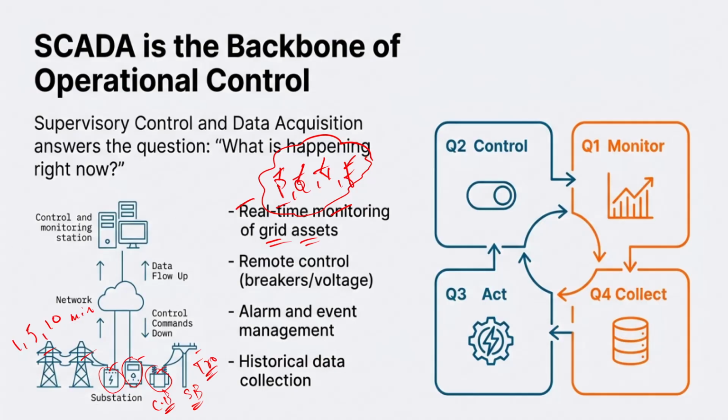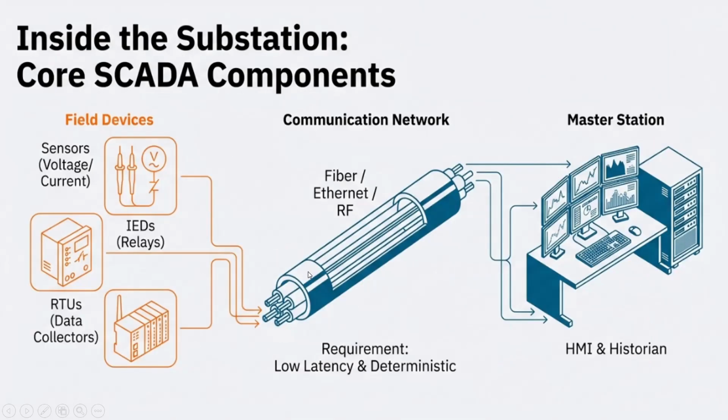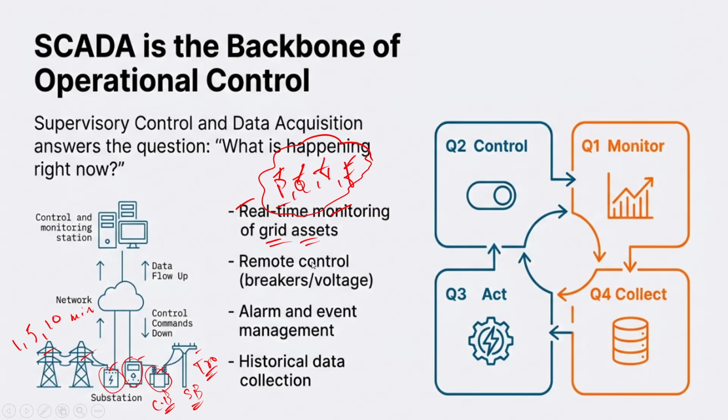That is one thing. And the second important component of SCADA is remote control. We don't have to physically go to the site inside the substation and operate the breaker.